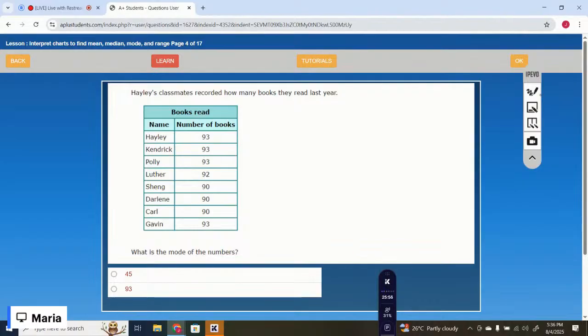So which is the correct option? That is 93. Option number 2 is the correct option.